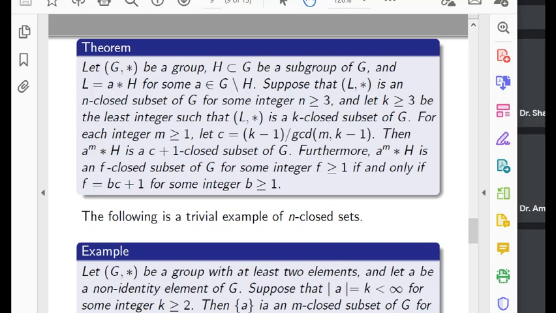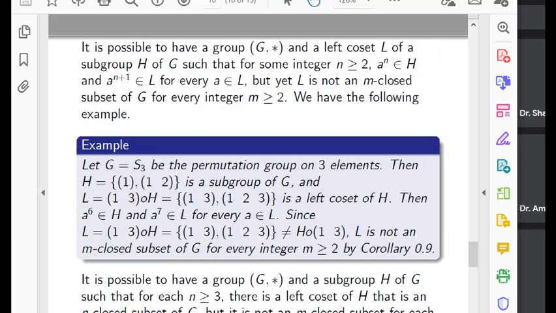That's a trivial example of an M closed set.